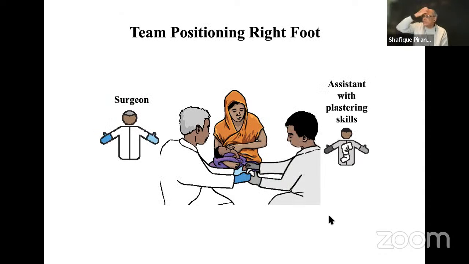And in this situation, you'll see that for the right foot, the head is at the right breast, because then the right foot sticks out. And the surgeon is the one with the gray hair and the blue hands, and the assistant with plastering skills is younger, of course, so he's got black hair and he's got the gray hands.